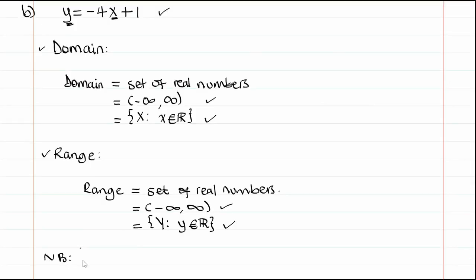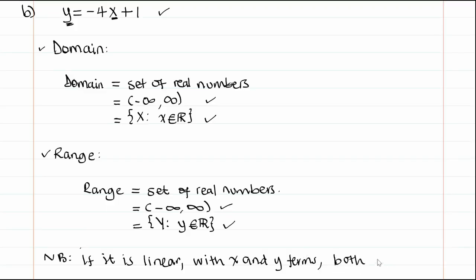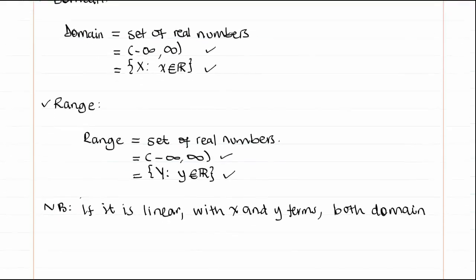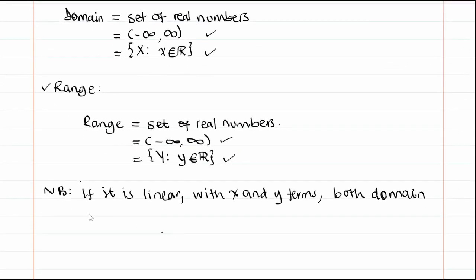An NB here: if the given function is linear and it has both x and y terms, then both the domain and the range are sets of real numbers.